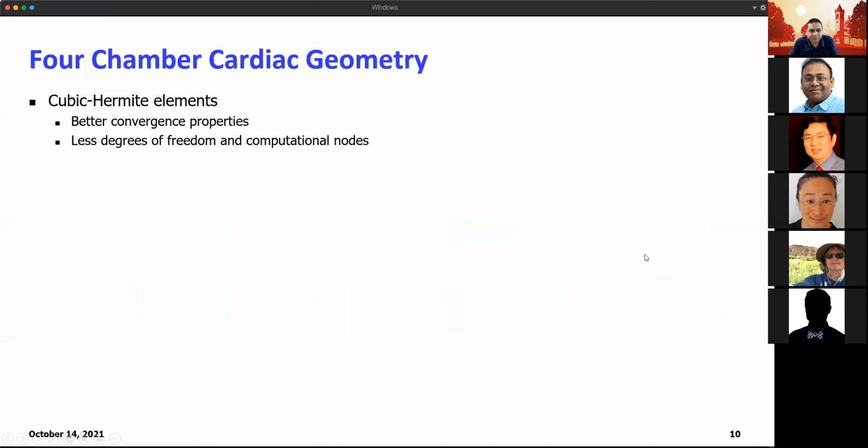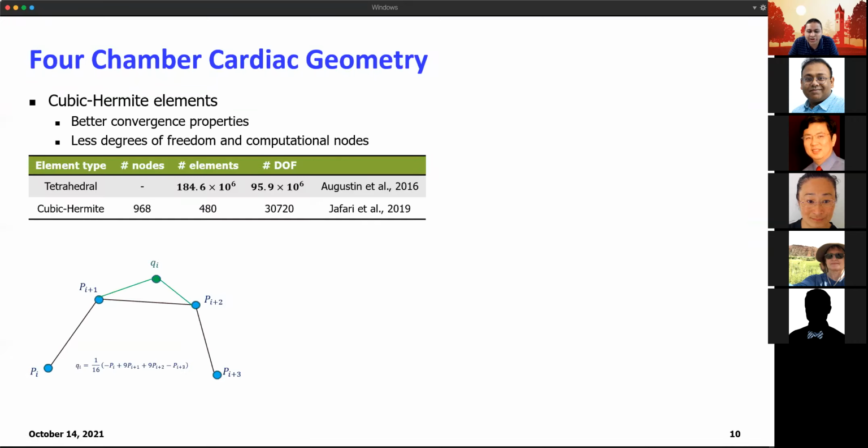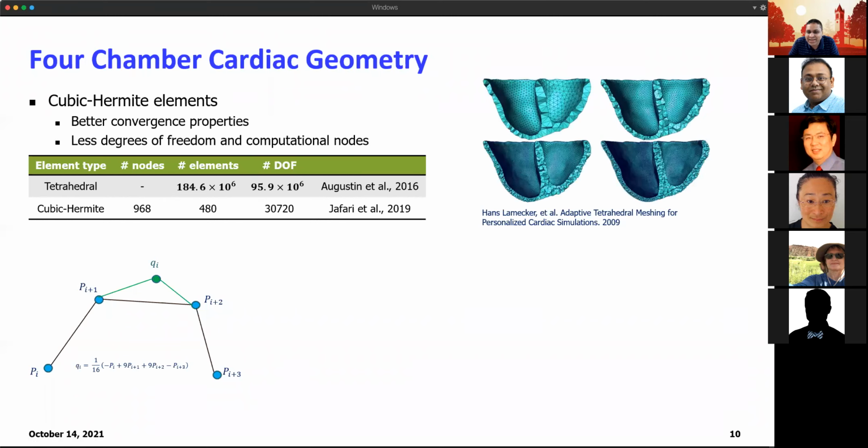And then ultimately, we can get the complete simulation of the heart. In terms of the geometry, we make use of what are called cubic Hermite elements. These are higher order elements, not linear elements. The advantage is that if you are using linear elements, you have to use a very large number of elements. A similar approach back in 2016 used almost 95 million elements.